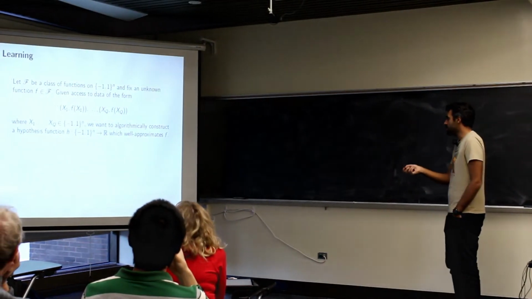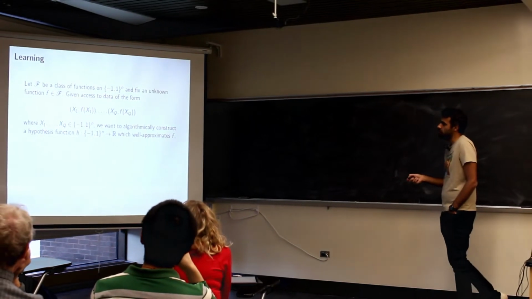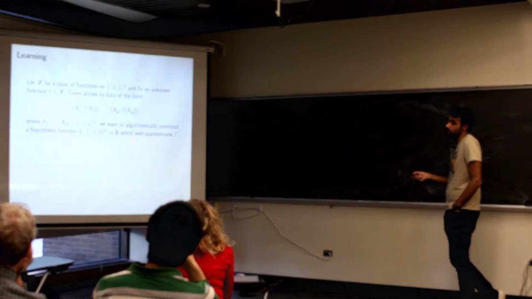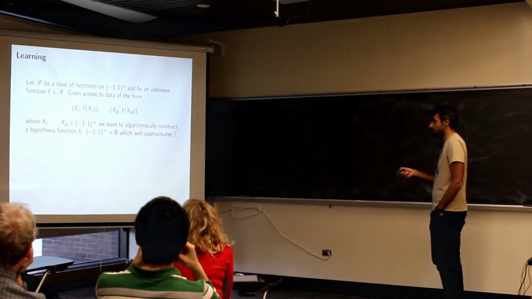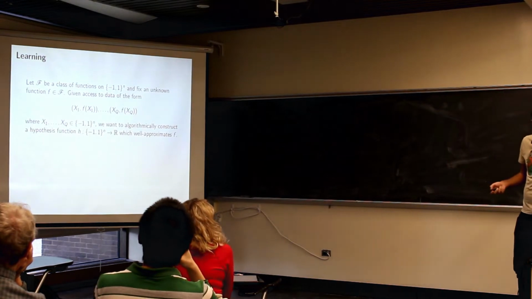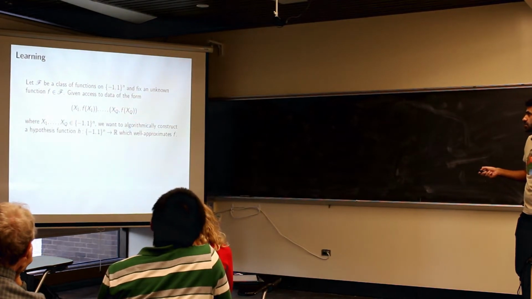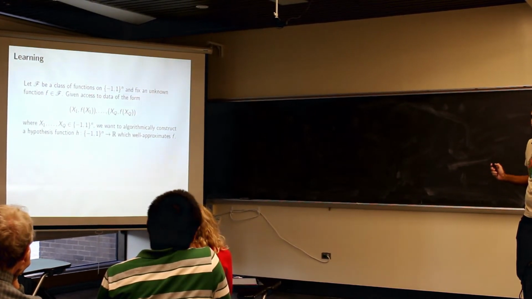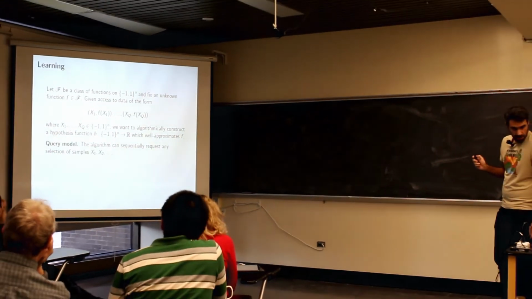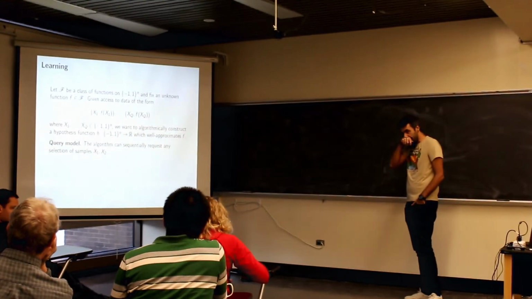So we want to construct a hypothesis function, which ideally is equal to f, or at least approximates it well, but only based on this data. This is a well-formulated mathematical problem, provided that I do 2 things for you. First, I tell you what well approximates means. And secondly, I explain how we are getting access to this data. So let me start with the second question. There are many models for learning.